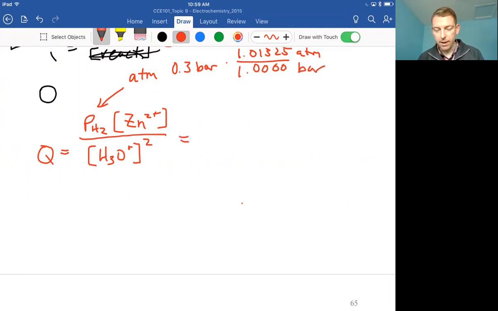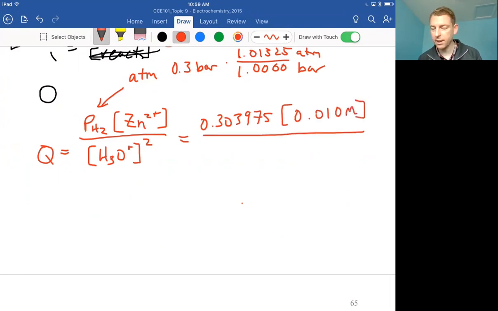Okay, so we can plug in those values. So that's 0.3039755. Let's go with the whole thing. Multiplied by 0.010 molar for the concentration of the zinc ions over 2.5 molar squared for the acid.